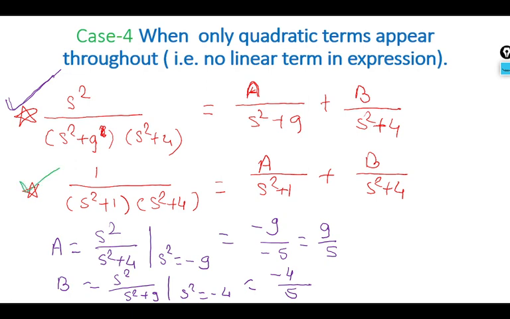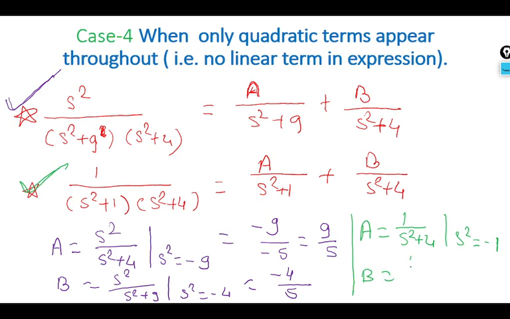Now the second one, in exactly the same way. To get the value of a, we ignore s square plus 1. We are left with 1 upon s square plus 4 only, where we put s square as minus 1. Don't think we are putting some complex values; that is also allowed. Don't worry.